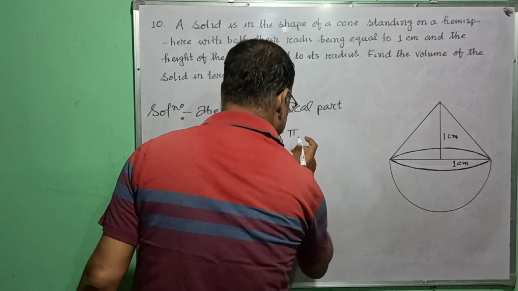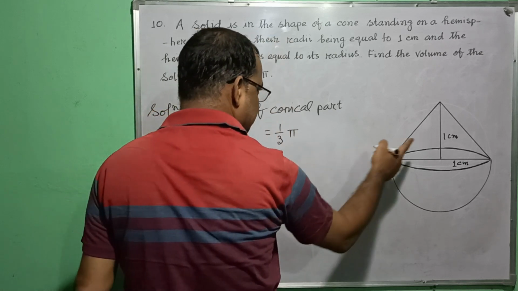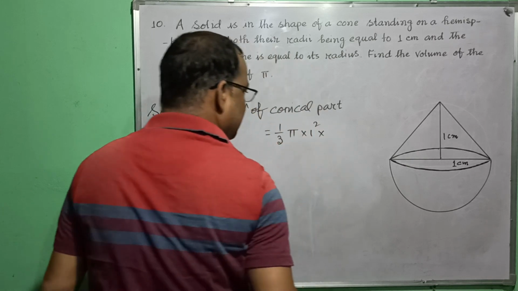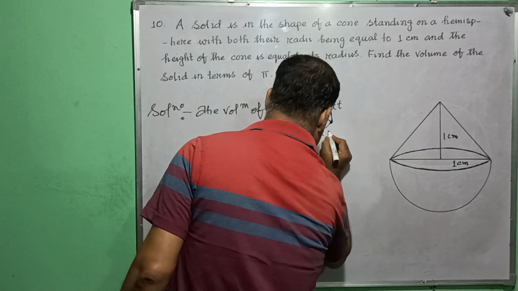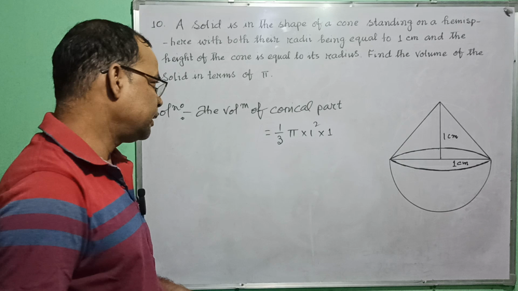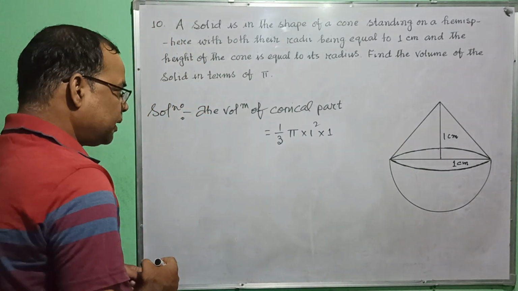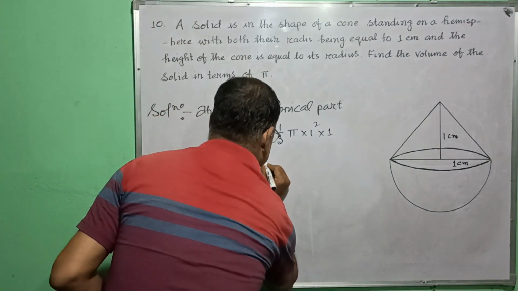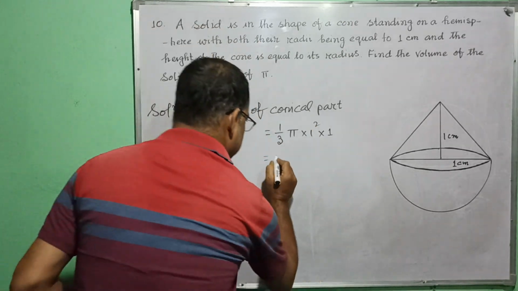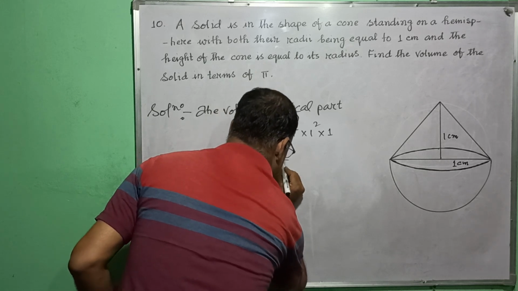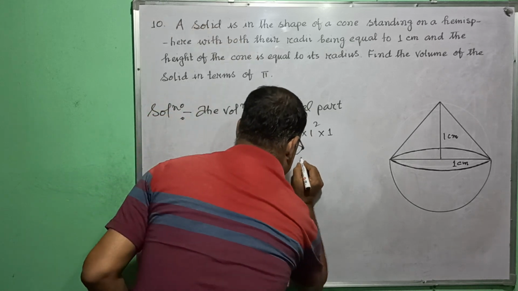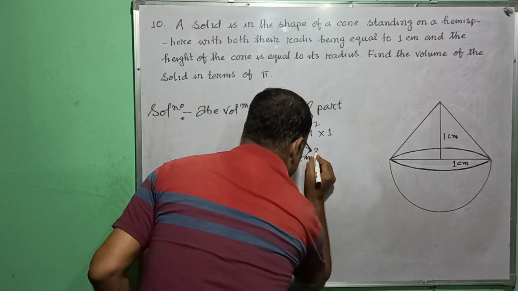So 1/3 pi r square, r is given 1, so 1 square, then height also given 1. This is the volume of the conical part. If we simplify it, 1 square into 1 equal to 1. So it is pi by 3 centimeter cube.